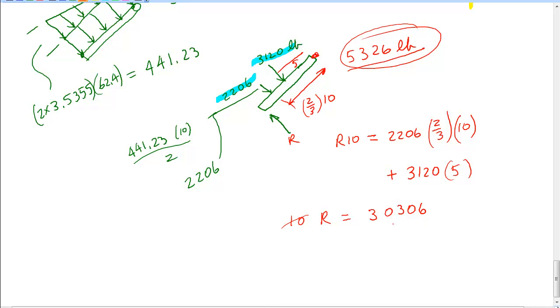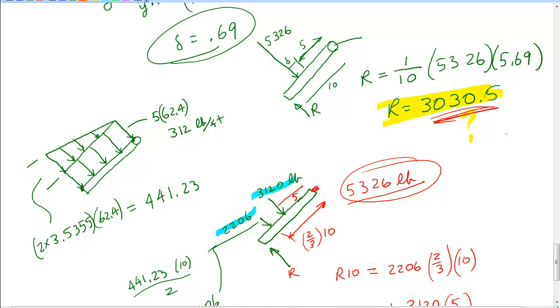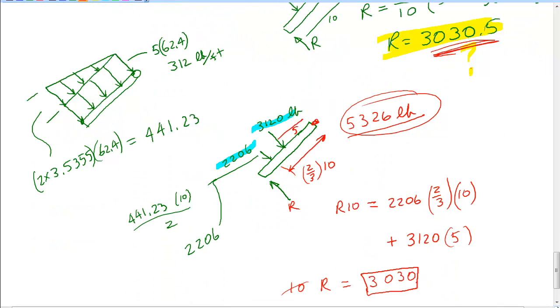If I divide by 10, then I get 30, about that many. It's just dropped change. I guess I should carry the 0.6. That and that end up being the same numbers.